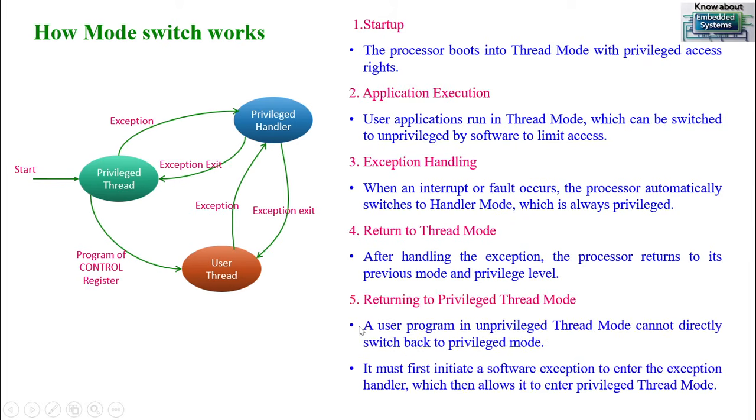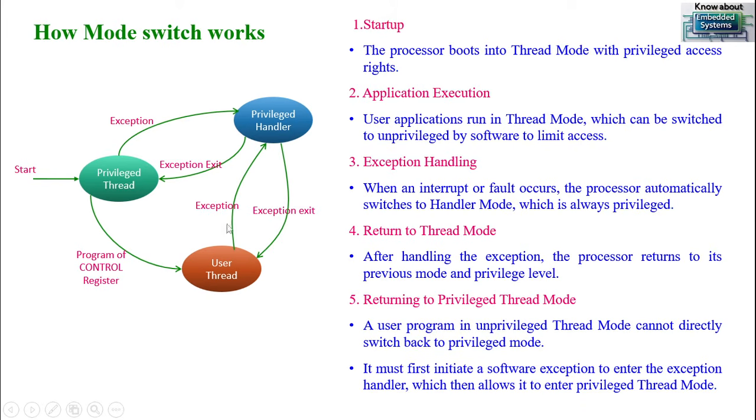The last point, if you observe here: let us assume you are executing the program in user mode and you want to go back to the privileged thread mode. Is it allowed? It is not allowed. That is why we have not shown any arrow here from user mode to privileged thread mode.